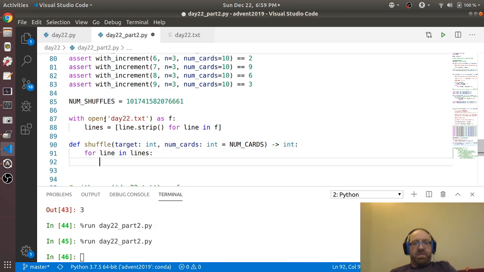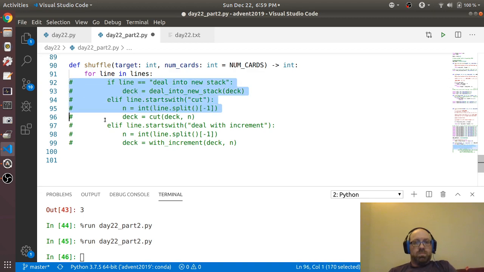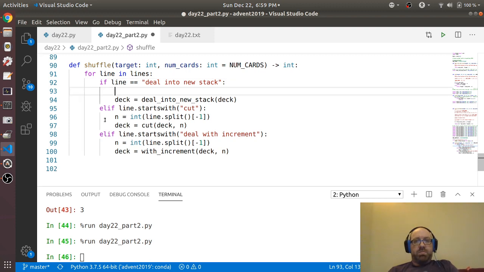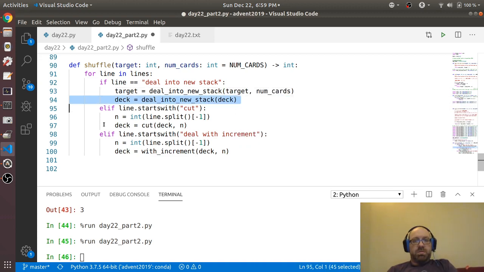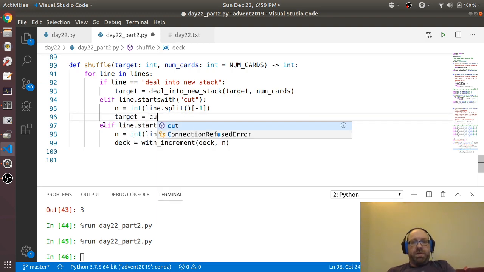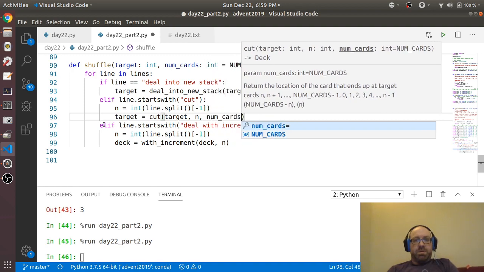For line in lines, if line equals that, target equals deal into new stack target num cards. Otherwise, if line starts with cut, target equals cut target and cards.